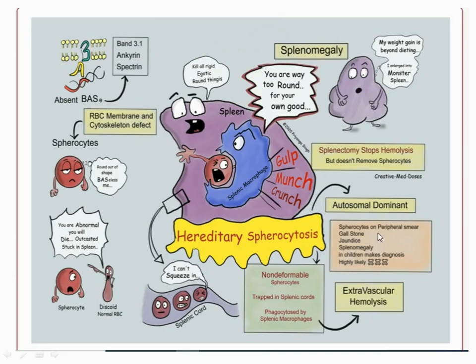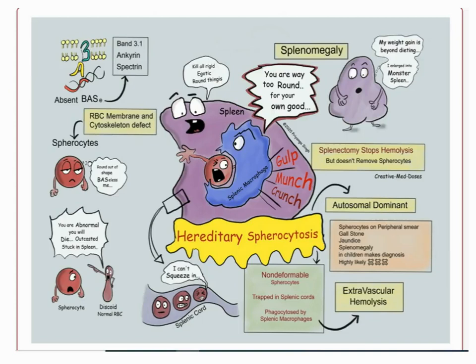So the patient has splenomegaly, jaundice and gallstones, and the blood film shows spherocytes with hyperbilirubinemia.